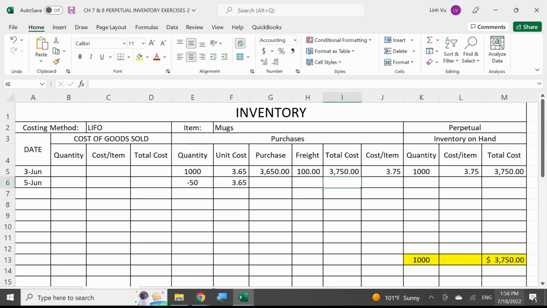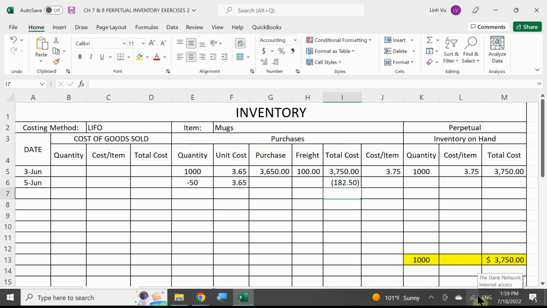But because I don't need to include freight, what would my total be for my refund? $182.50. Oh, whoops, I just did a double negative there. So in this case, I have negative 50 times $3.65. So I got my $182.50.